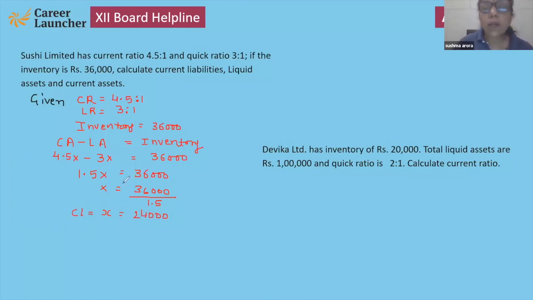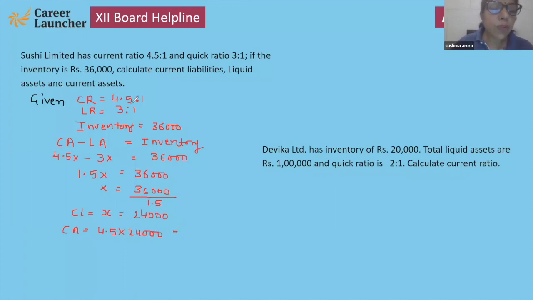Now, how to calculate CA? Yes, children, please let me know. Give me your opinion. Now, current asset is equal to 4.5 into 24,000. Clear?